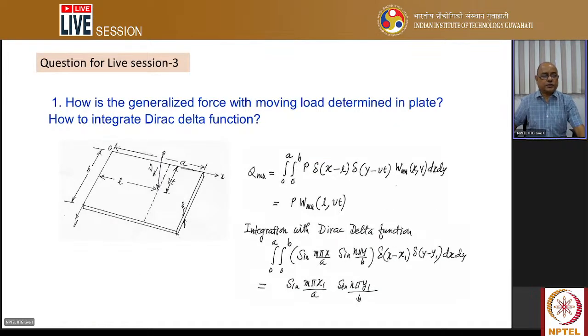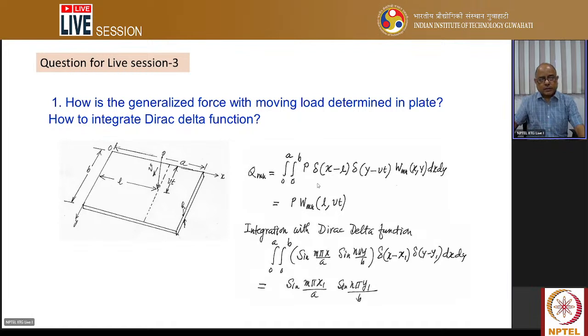So there are some questions for the live session that I have obtained. I've written here the question I got yesterday. How is the generalized force with moving load determined in the plate? I have discussed that the moving load on the plate and beam have similar effects, in that its position is changing with time because it is moving with a certain velocity, although here we are taking constant velocity.